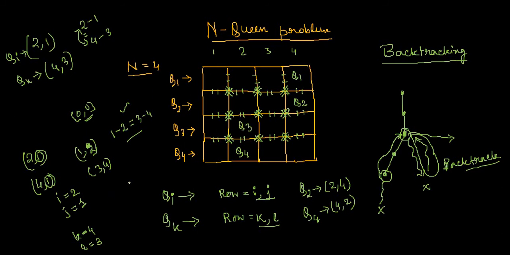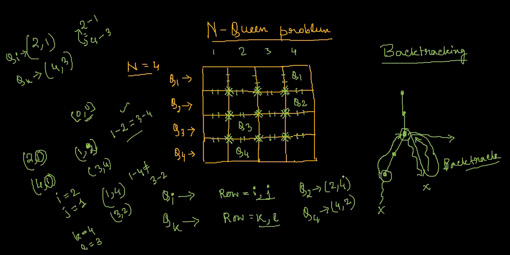So the position for queen 1 is 1, 4, right? And the position for queen 3 is 3, 2. Now, you cannot use the earlier equation for this case. 1 minus 4 is not equal to 3 minus 2. So that means I have to form some new equation.